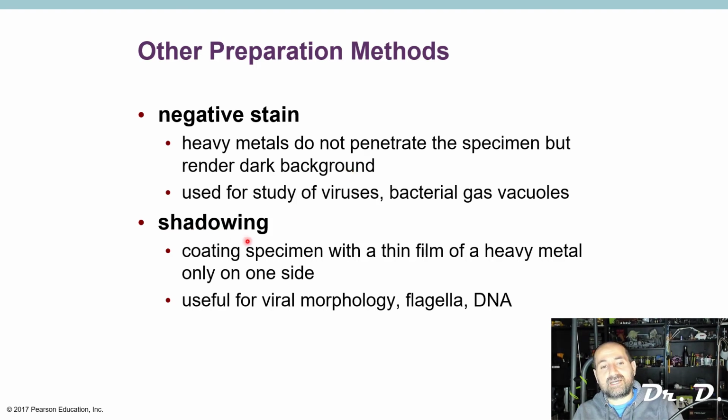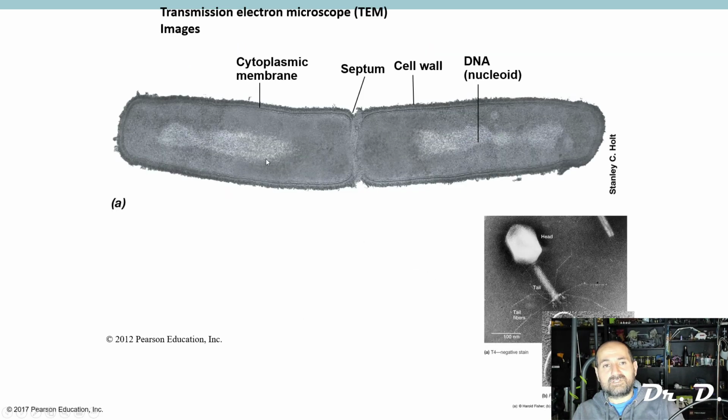And you can also do shadowing. Shadowing is when the metal film is only on one side of the specimen so that it gives a shadowy effect. This is helpful to look at viruses, flagella, DNA, etc. So look here. This is transmission electron microscopy. You see all this detail inside of the cell, the nucleoid, the cell wall, the septum. So this is a cell that's dividing into two.